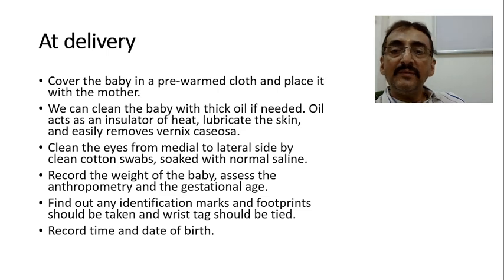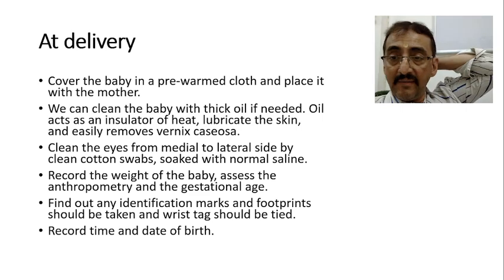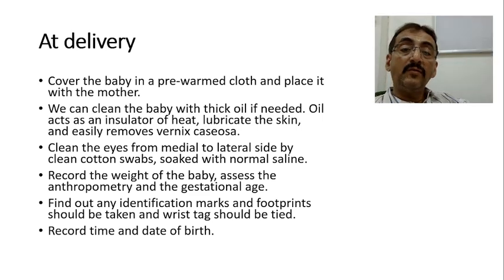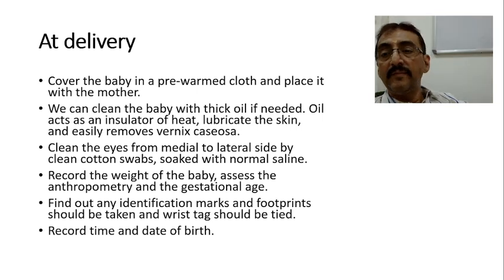Then clean the eyes of the baby from the medial to lateral side with cotton swabs soaked with normal saline. Record the weight of the baby, assess the anthropometry and the gestation age. Find out any identification marks and take the footprints compulsorily, and a wrist tag should be tied because there should not be any confusion in the neonates.